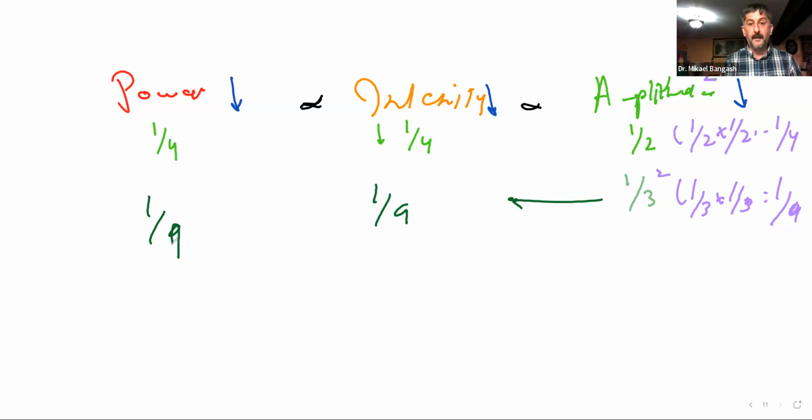Now we might have had, let's say, an initial power of 18 watts, for instance. Now, if that is reduced to 1/4, that may mean that you would multiply 18 by 1/4, which means the same as 18 divided by 4.